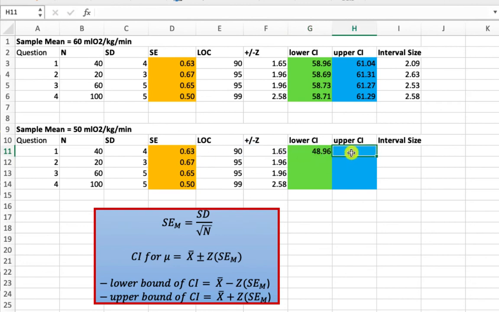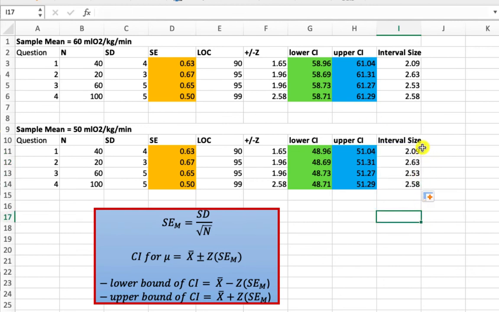And to get the upper confidence interval bound, we would do our mean, 50, plus our z-score times our standard error. And then we can do the same thing to calculate the interval size by just subtracting the lower bound from the upper bound.